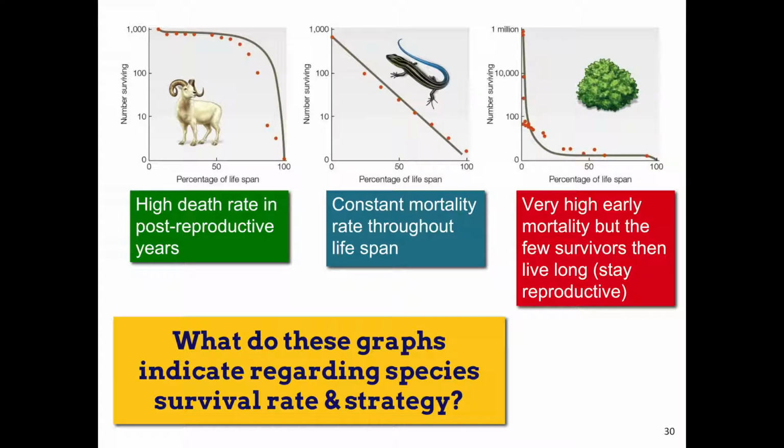And then in contrast, we might have birds and other small mammals commonly experience consistent levels of mortality throughout life, which could be graphed as a declining straight line. That would be the curve that's shown in the center. These animals, for which the probability of death doesn't really change through the life cycle, they would exhibit what's called a type 2 survivorship curve.